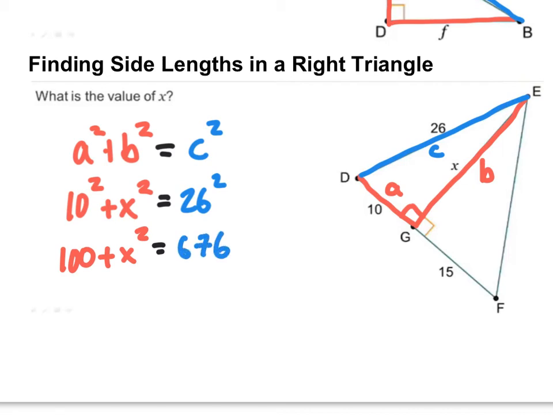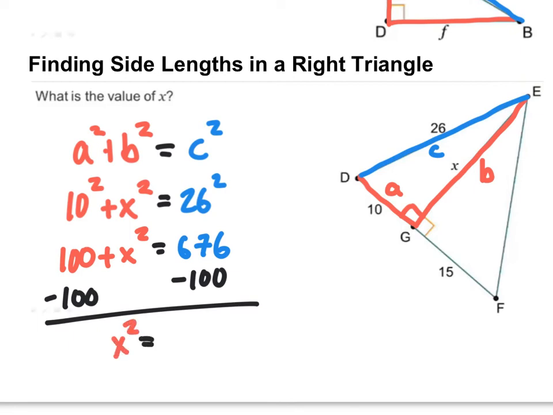And then I'm going to subtract 100 from this side, okay? As a result, x squared is equal to 676 minus 100, which is 576, okay? And then I'd want to take the square root of both sides, all right?